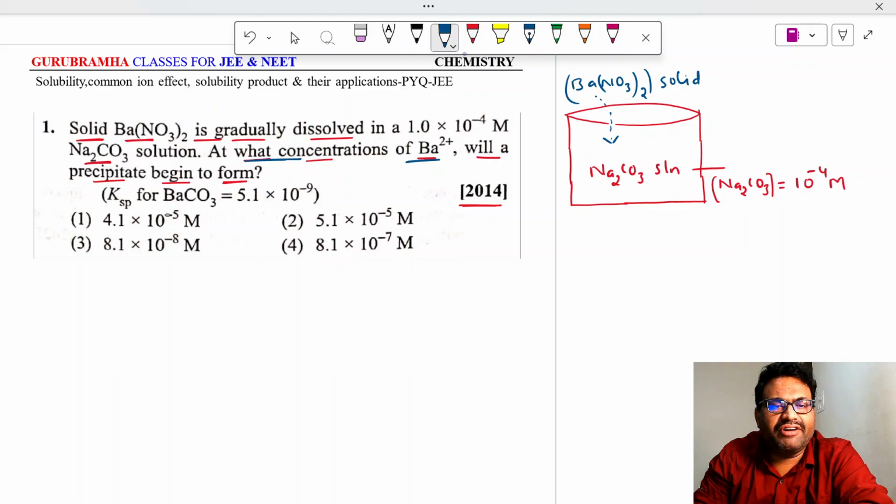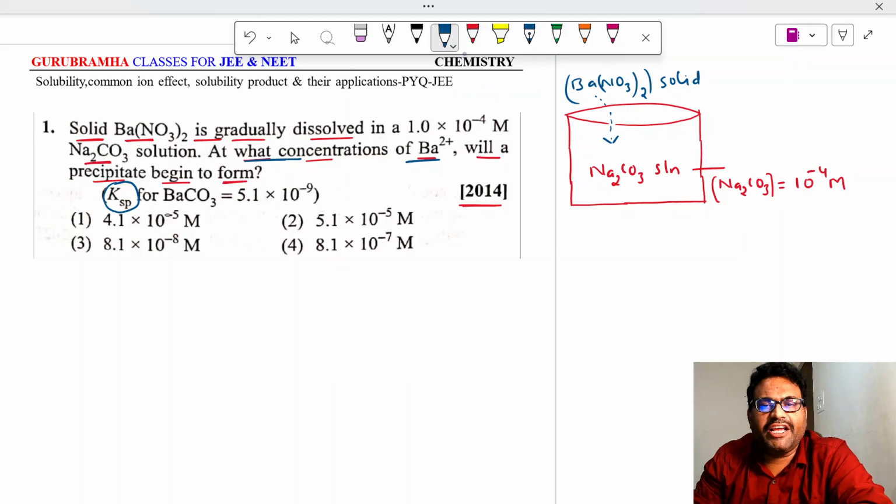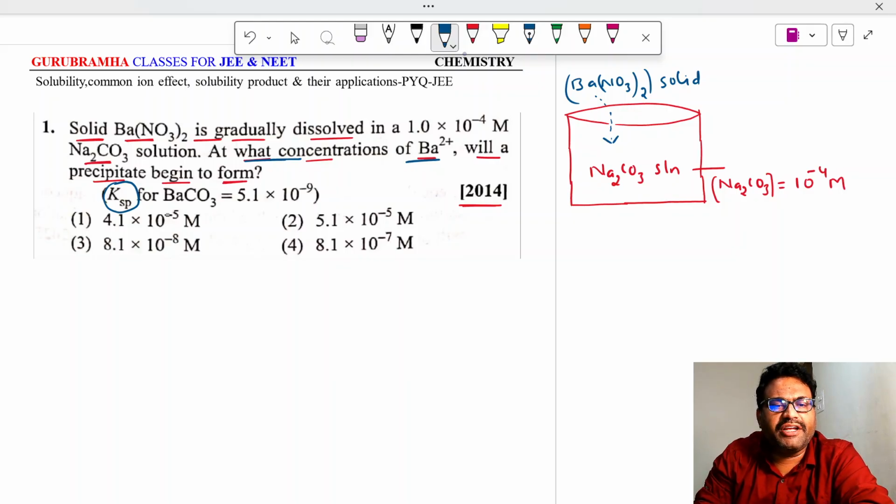Another data is given to us. What is the data? KSP is given. KSP for whom is given? Barium carbonate. So here, who is the sparingly soluble salt? The salt for whom KSP is given is the sparingly soluble salt, that is, barium carbonate.